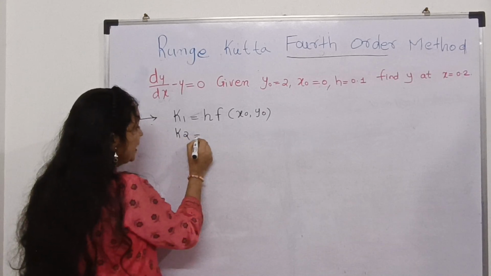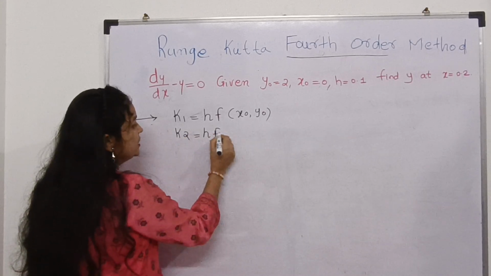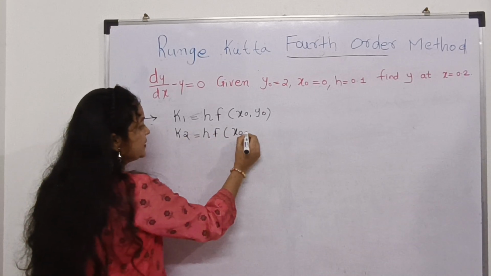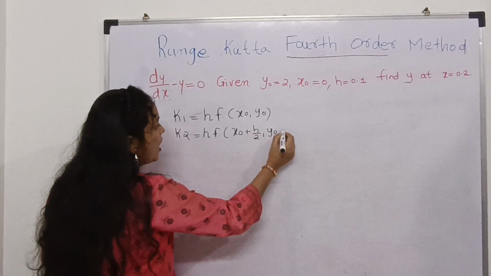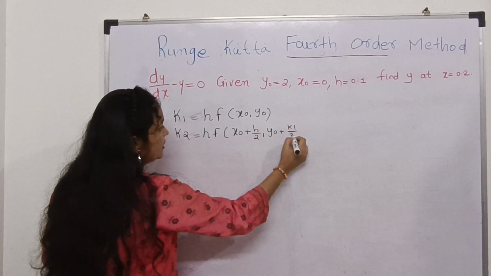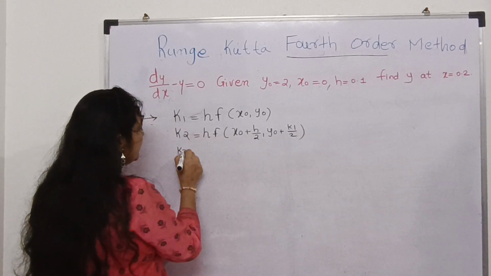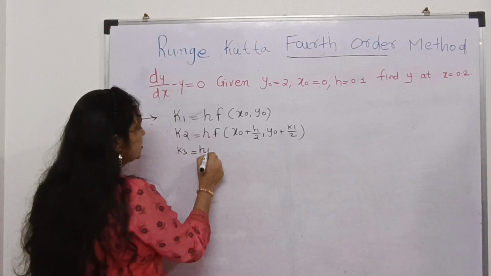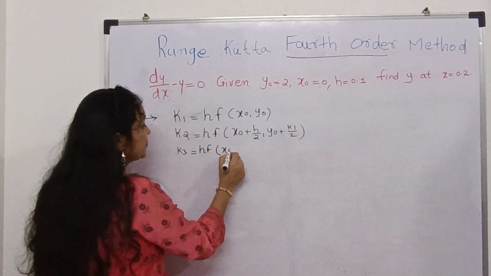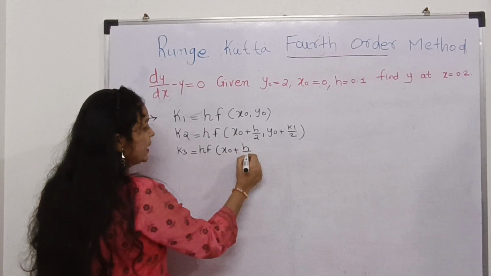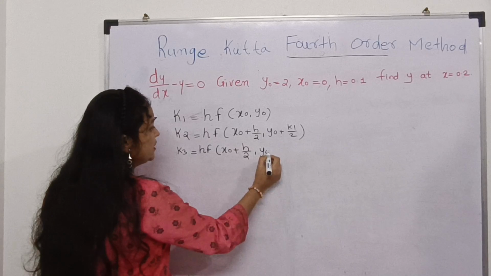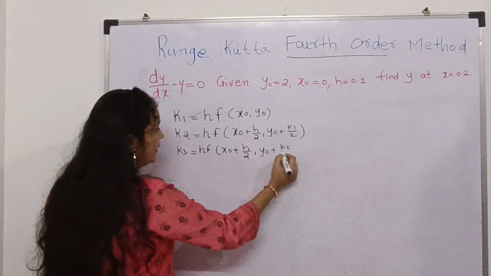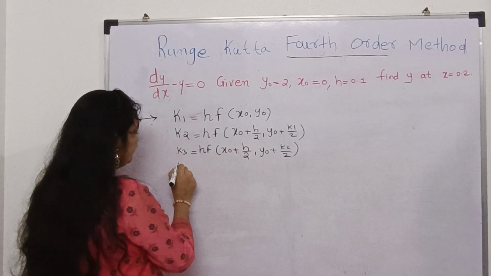K2 becomes h times the function of x0 plus h by 2, y0 plus k1 by 2. K3 is equal to h times the function of x0 plus h by 2, y0 plus k2 by 2.